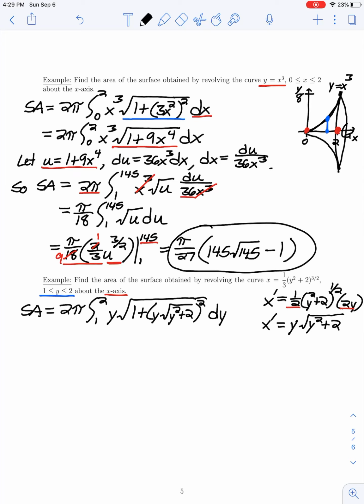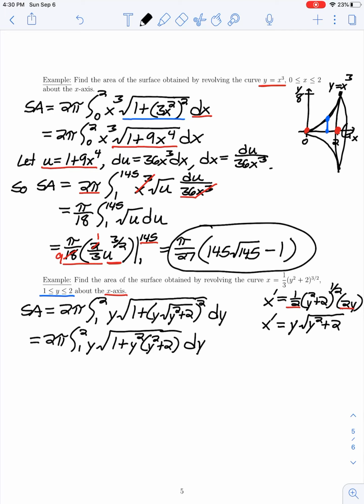So now that we have our integral for surface area set up, our next step, I mentioned, is to try to simplify under the square root as much as possible. So here we have a 2 pi times the integral from 1 to 2 of y times the square root of 1 plus, when we square this derivative term, well, we have a y squared, and then the square root of y squared plus 2 squared gives us just a y squared plus 2.